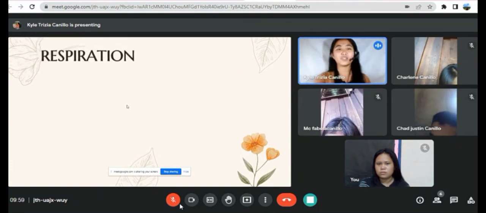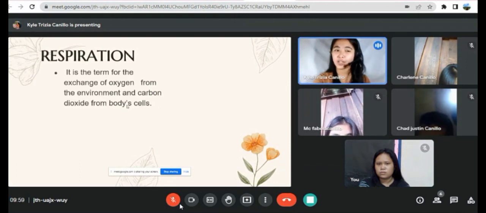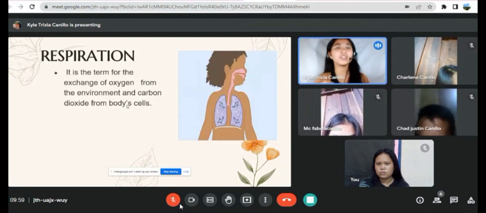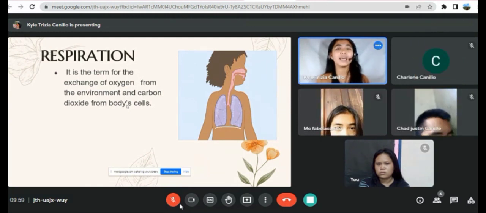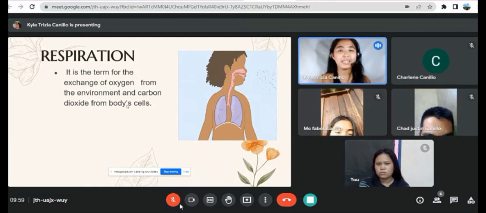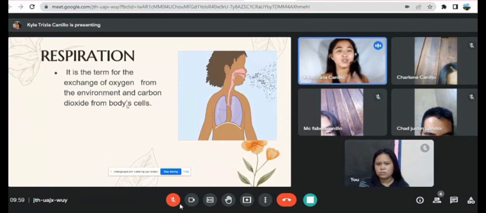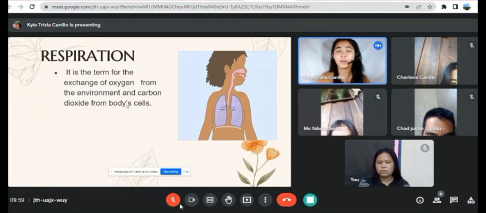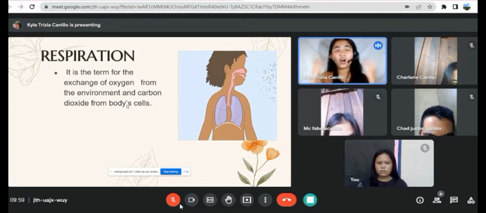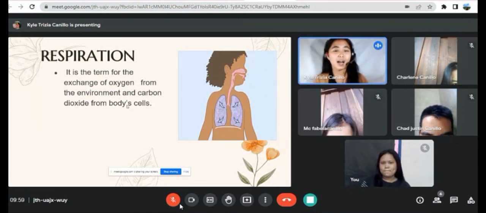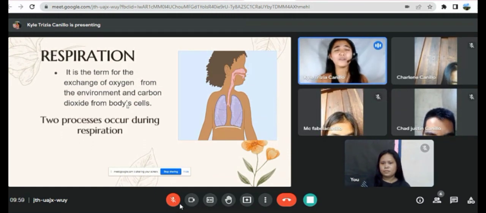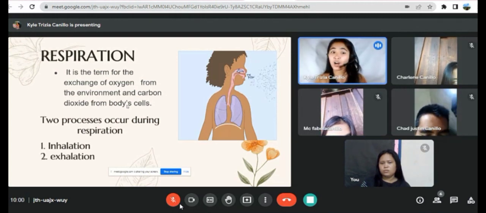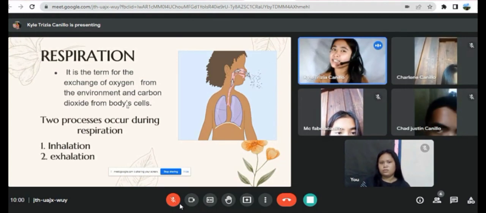First, what is respiration? Respiration is the exchange of oxygen from the environment and carbon dioxide from the body's cells. This is the exchange of oxygen from the environment, and when we exhale, it is carbon dioxide. Two processes occur during respiration: inhalation and exhalation.